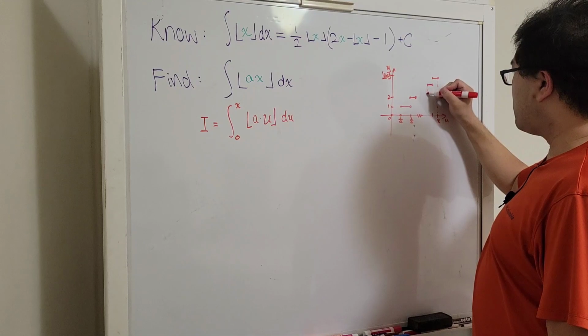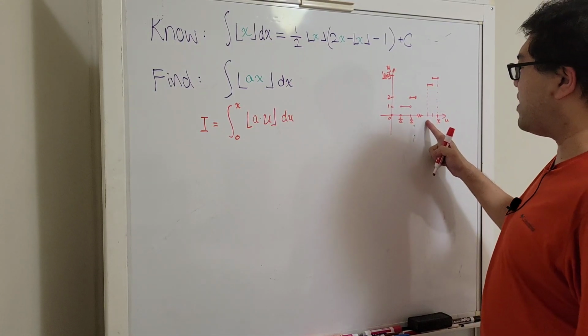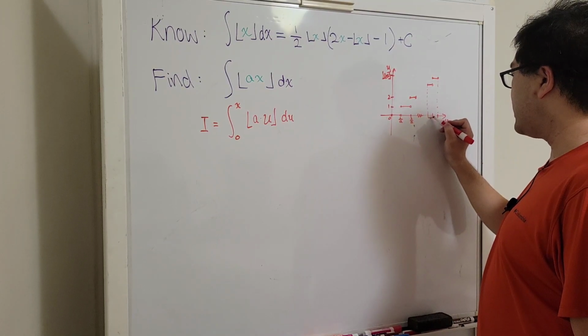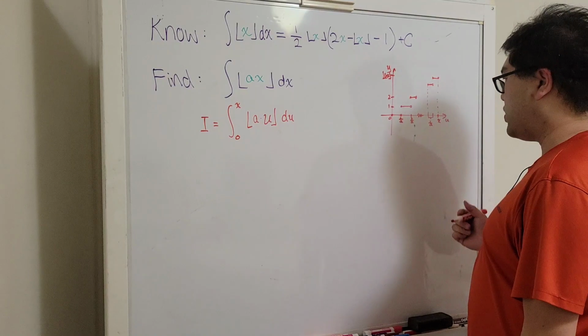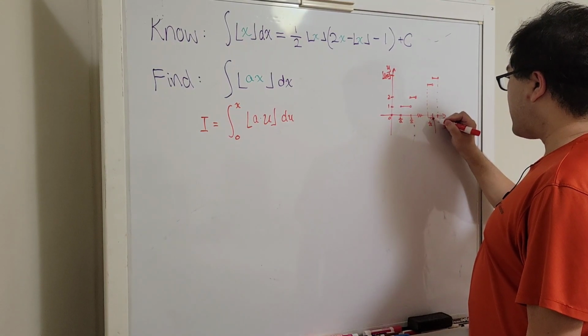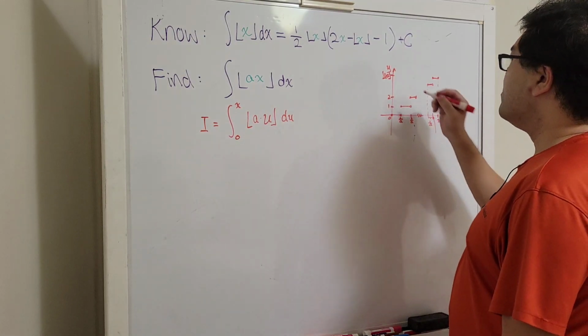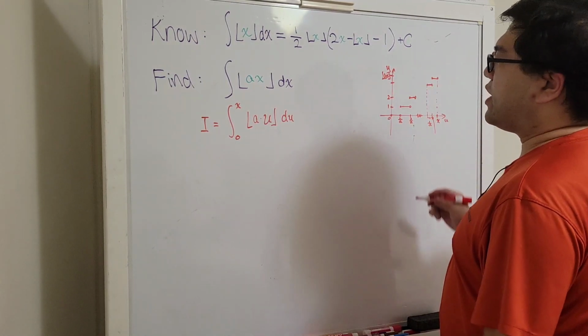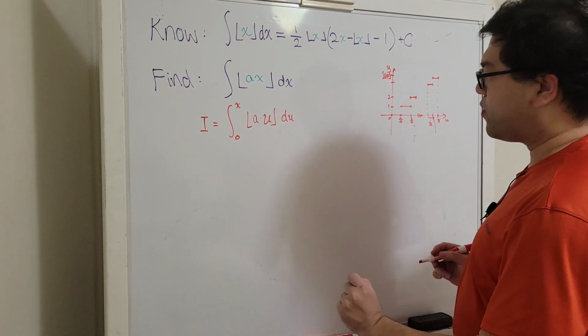Of course, in this case, the left part doesn't really matter. We know that the length of the interval would be 1 over a anyway. But what we do care about is finding this u value that will help us break this integral into two parts.